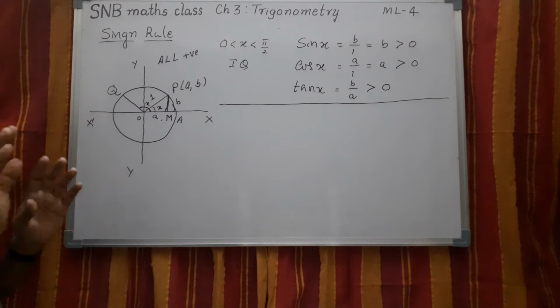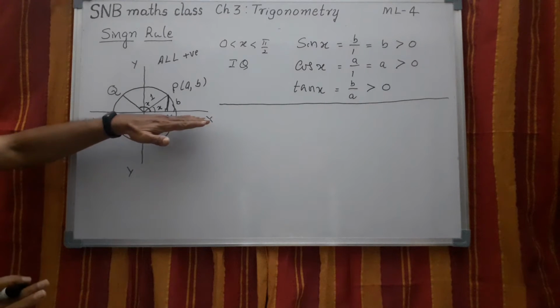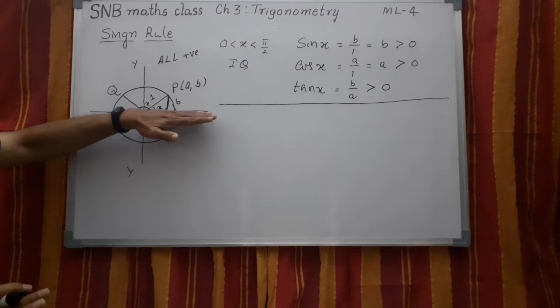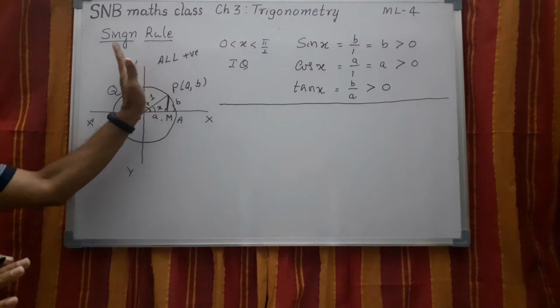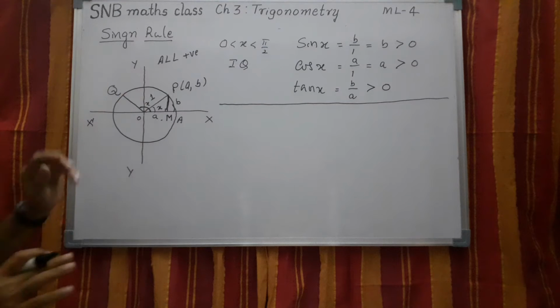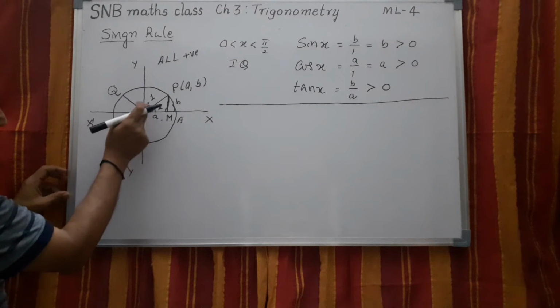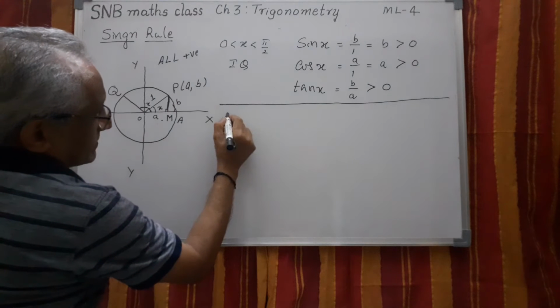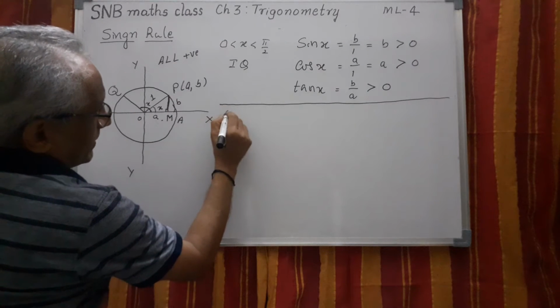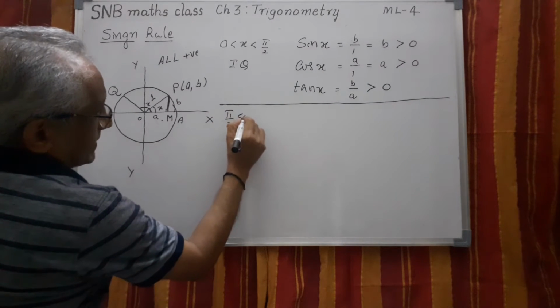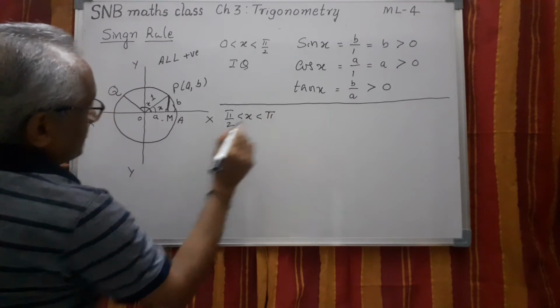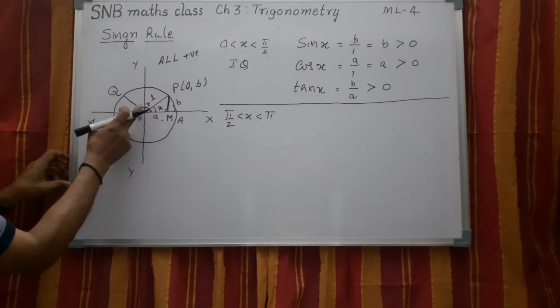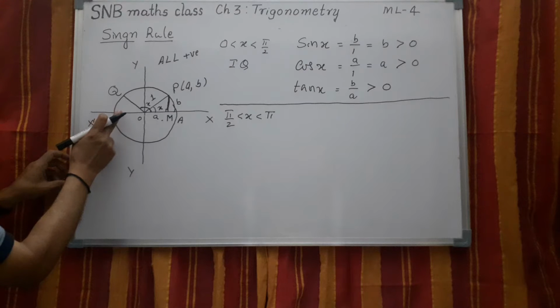Remember, angle means always you should measure from the positive direction of x-axis. Then you should go in this direction. It is positive. So now I am taking this as x. Now the condition is pi by 2 less than x less than pi, because this angle is more than 90 and less than 180.